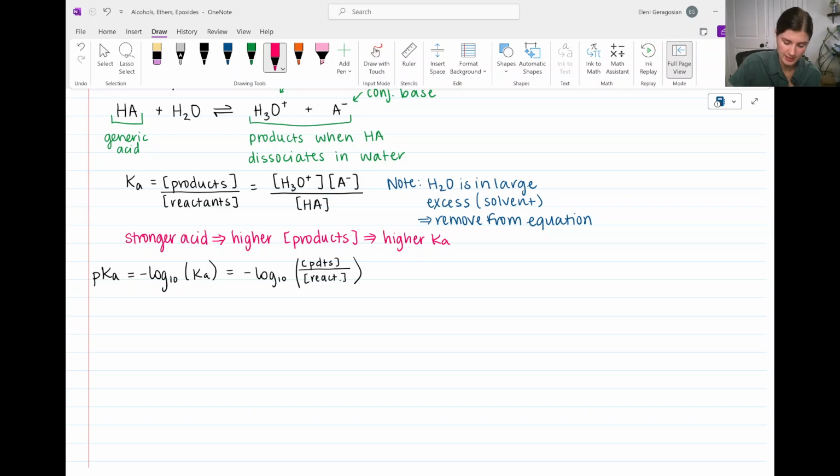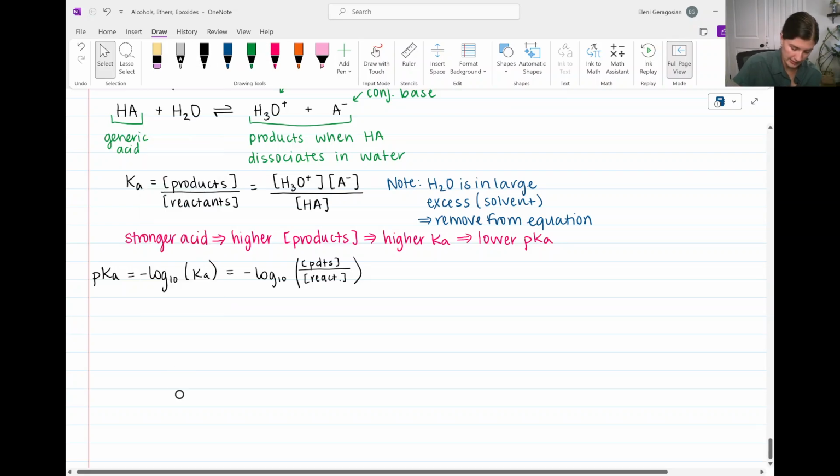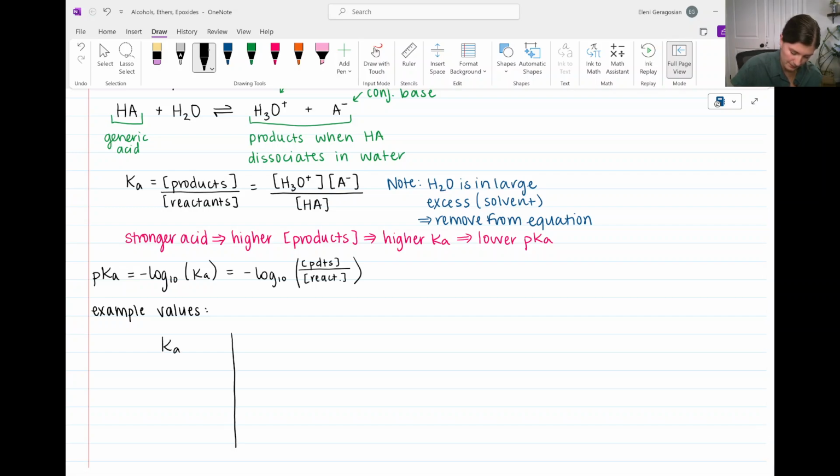So let's add this on here. Higher Ka, lower pKa. Again, that's because we take the negative log. That negative is important here. So let's look at some example values. Let's make a table of just Ka and pKa's, and then we'll look at some real molecules and what actual Ka and pKa values are.